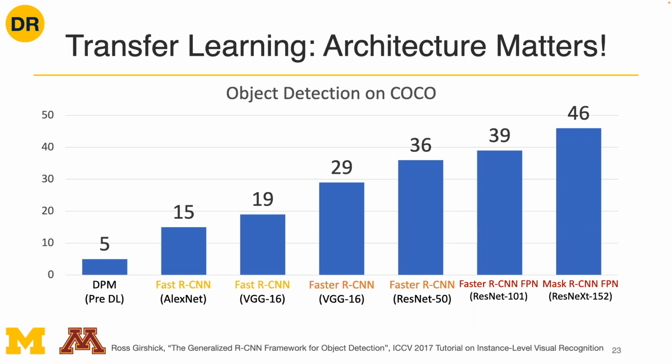Again, when you start using ResNet 50 instead of VGG16 with the Faster R-CNN framework, you get higher accuracy. And this trend continues from then on. The more recent one is Mask R-CNN, which is prominently used for detection and segmentation. And as you can see, it capitalizes on the better architecture that performed better on ImageNet classification.